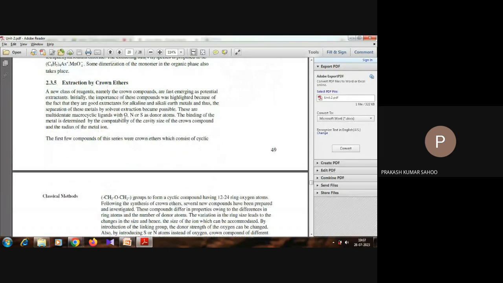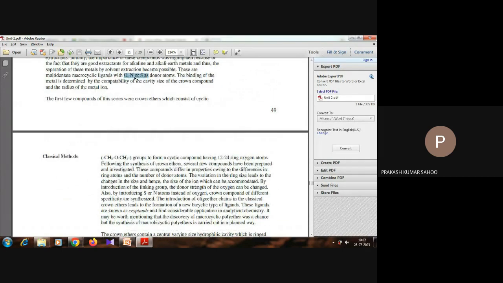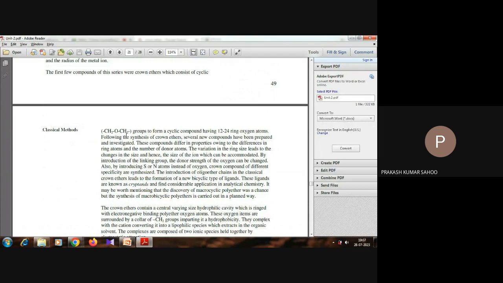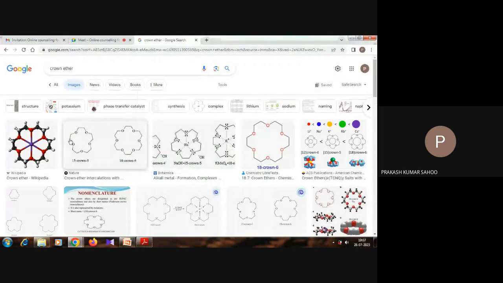Okay, these ligands generally contain oxygen, nitrogen, and sulfur as donor atoms, and there will be a cyclic compound which contains CH2OCH2 bonds, just like this. You see this CH2OCH2 bond, and this continues to form a cyclic structure, and this molecule is used to entrap the metal ion present in the solvent.